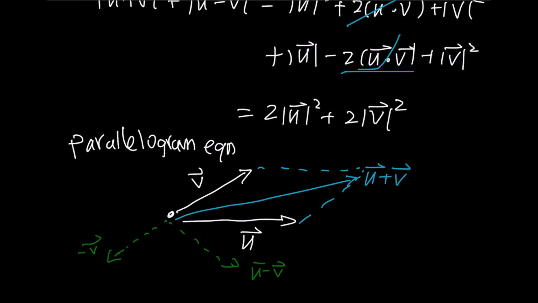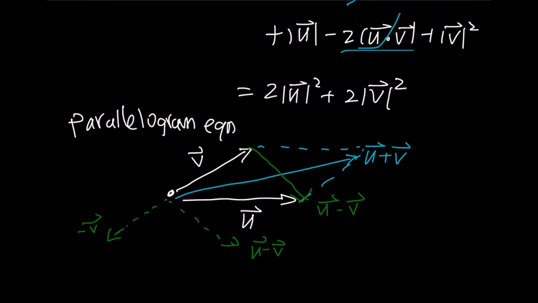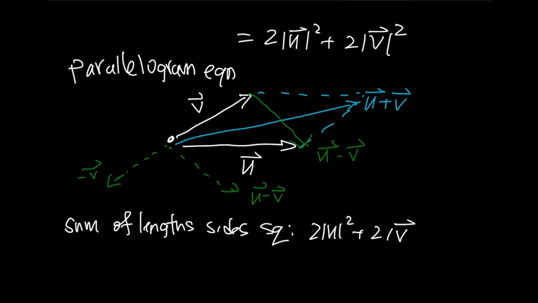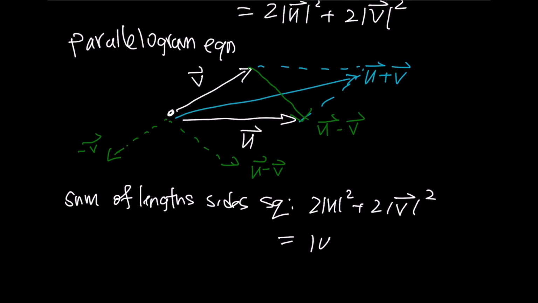Now, because I'm free to shift and translate vectors wherever I want, that's a u minus v. The parallelogram equation says the sum of the lengths of the sides squared, you're going to get 2 bunches of u and 2 bunches of v squared. That's going to be equal to the length of one diagonal plus the length of the other diagonal.